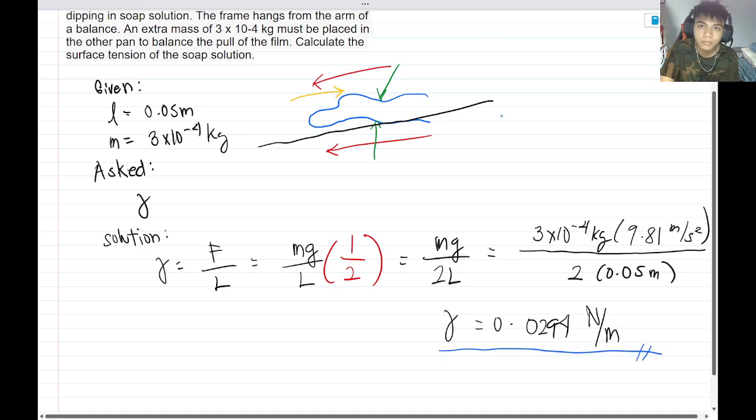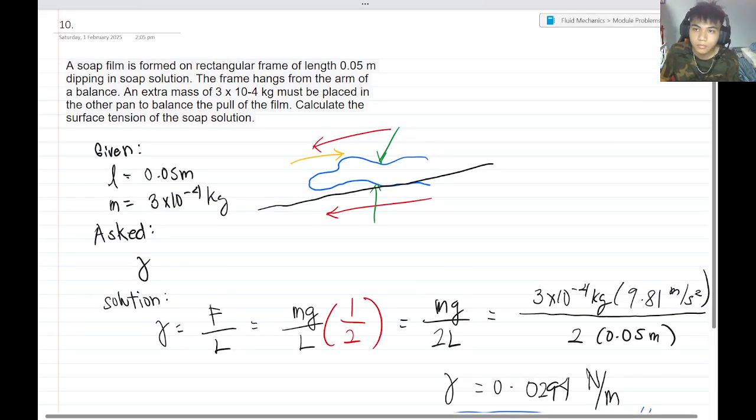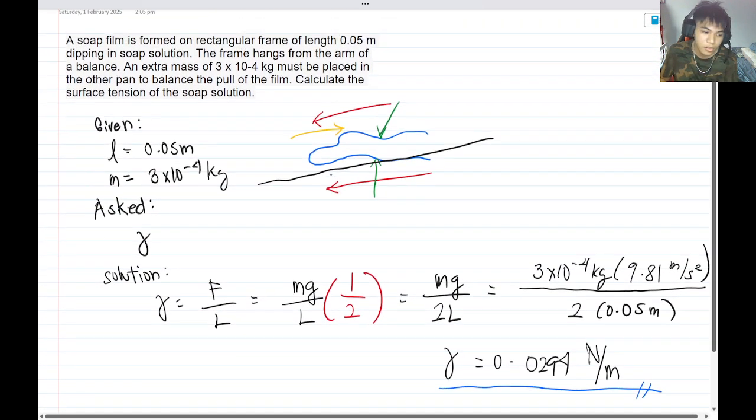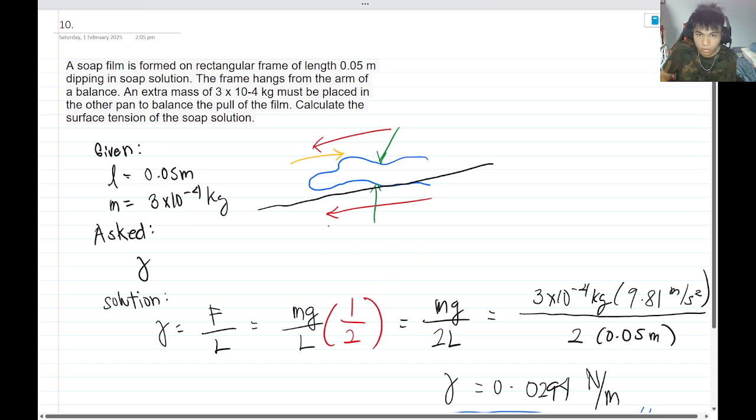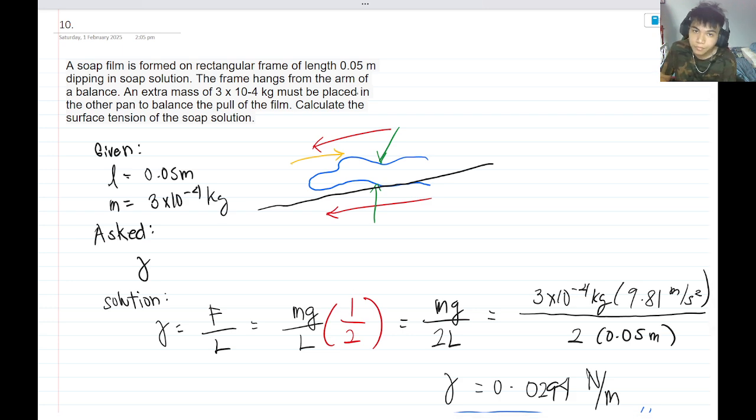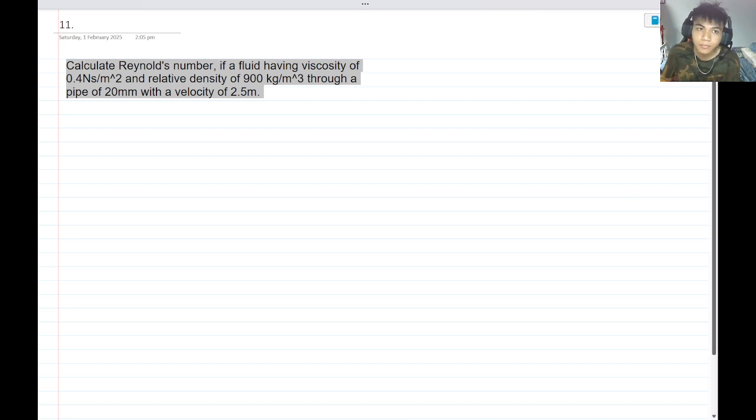Okay? Alright. So that's the answer for this problem. Again, you can solve kung magiging ganun nga na kailangan pa maging twice the length yung ating soap solution. I'll leave it up to you guys.